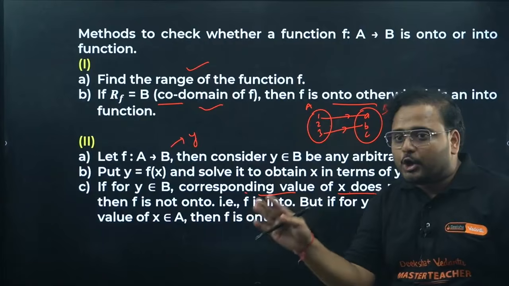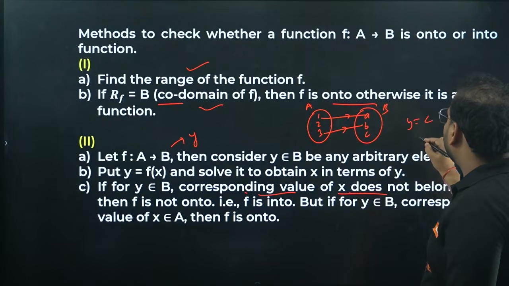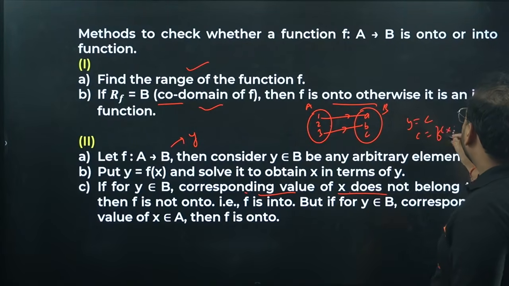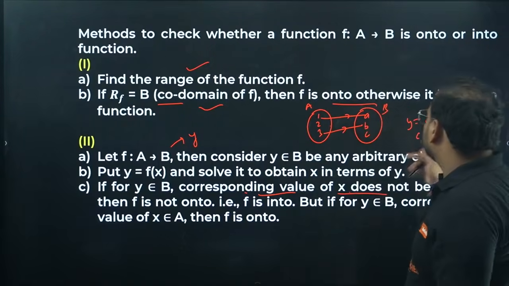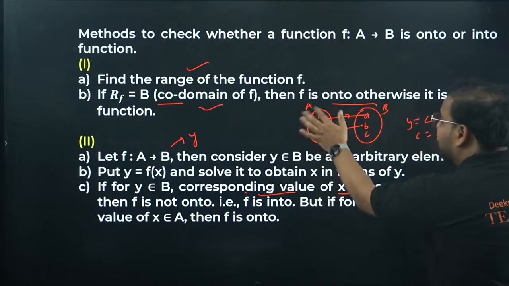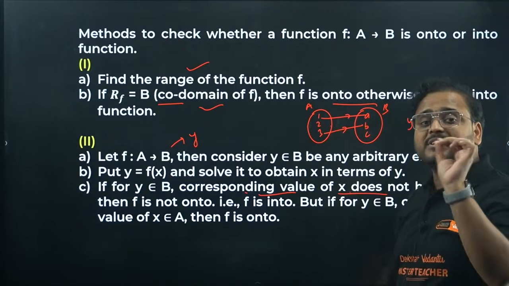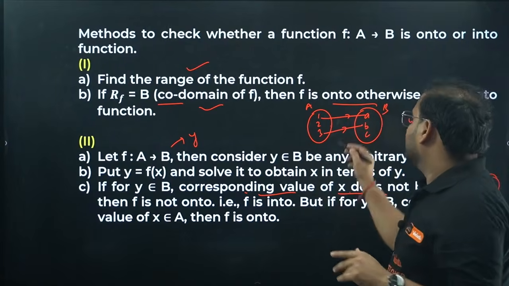It means if I take y equal to c and find the value c equal to f(x) and solve for x, it will be an equation, right? You can solve it. Once you solve it, you get a value of x which is not present in the domain. Okay, then what will happen?